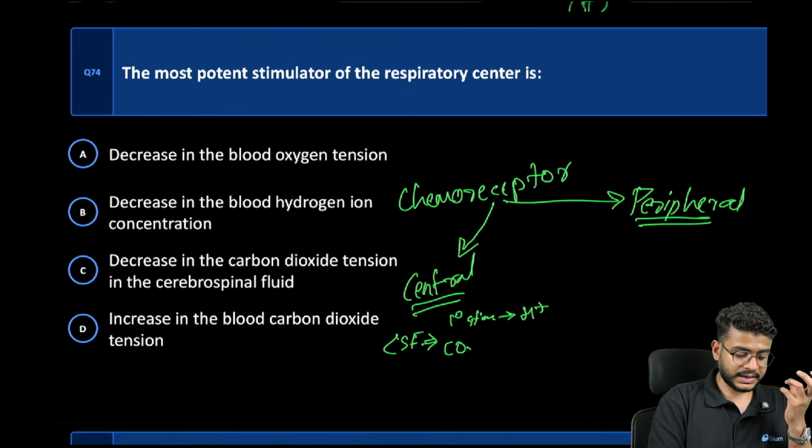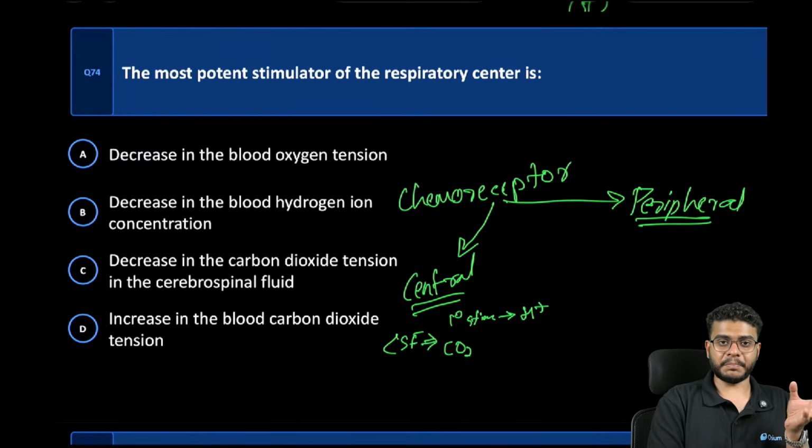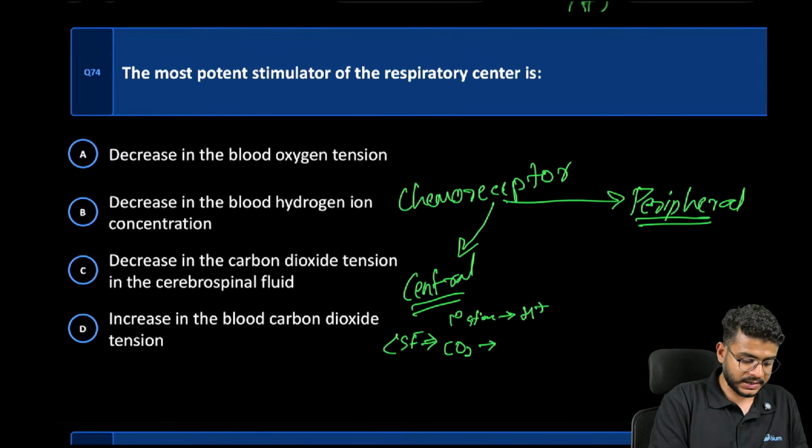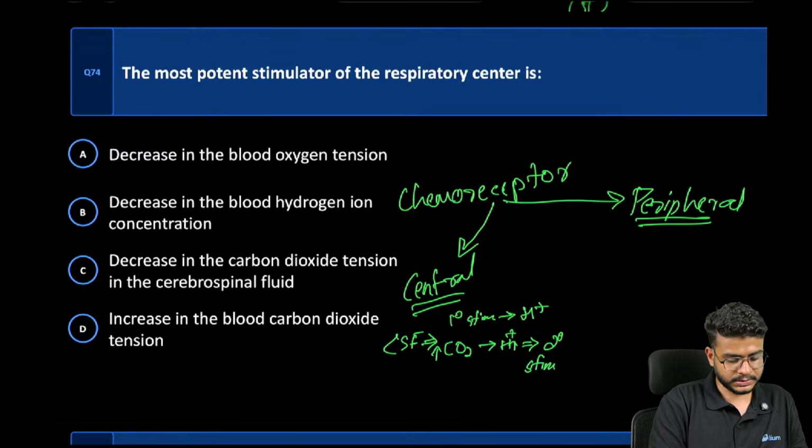Carbon dioxide can cross this barrier, and in the CSF it combines with water, forming carbonic acid, which then dissociates into hydrogen ion and bicarbonate. So increasing carbon dioxide in turn increases the hydrogen ion, which acts as the secondary stimulus. Okay, clear?